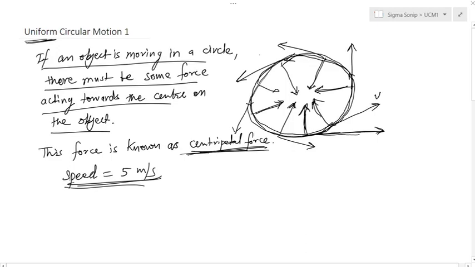So this is the velocity vector, along the tangent to the circular path. Velocity is a vector, it has magnitude as well as a direction. Magnitude is the speed, but the direction here is changing every moment. So there is some acceleration.